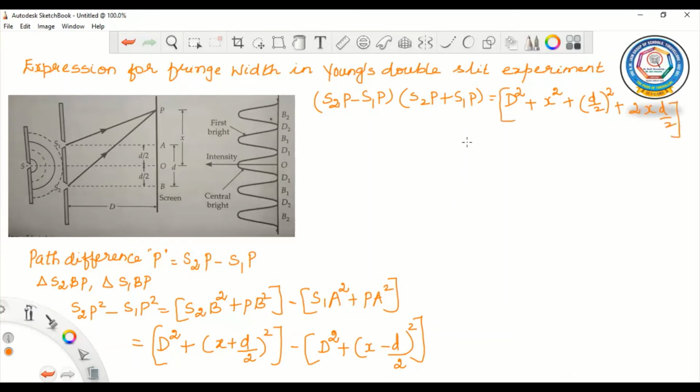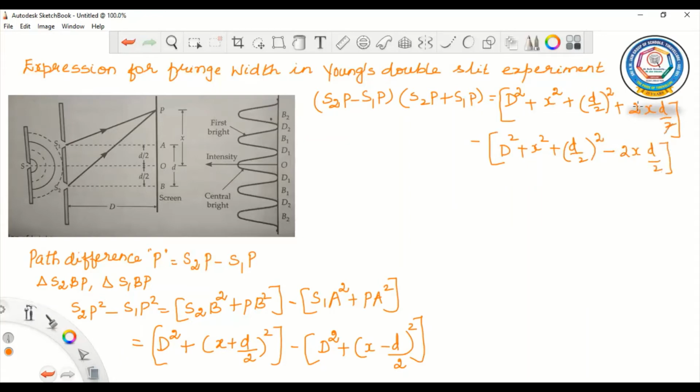Then what do you have? Minus, d square plus x square plus again d by 2 the whole square minus 2x into d by 2.